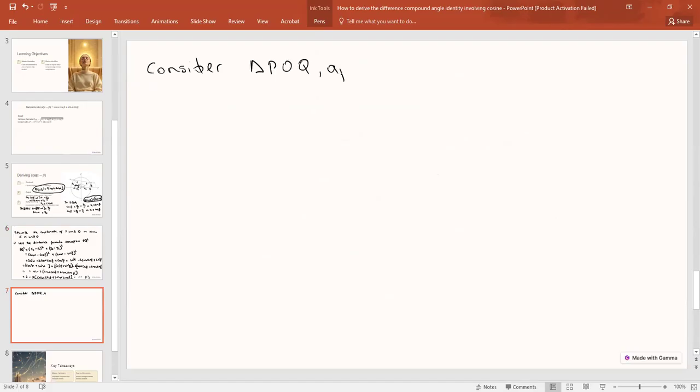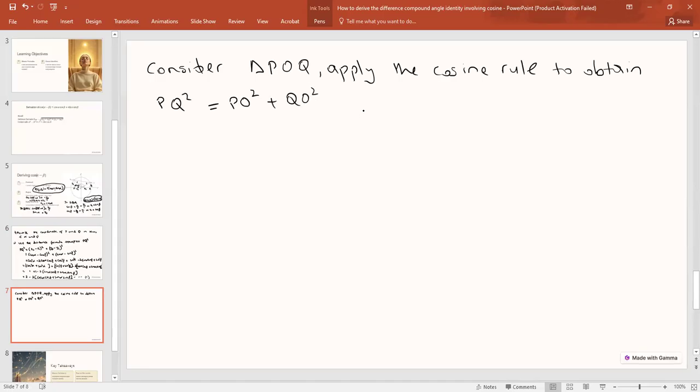We now apply the cosine rule to obtain the length PQ all squared. That will be equal to, remember, the cosine rule applied to this triangle: the length PO squared plus the length QO squared minus 2 times the length PO times the length QO times cosine of alpha minus beta.